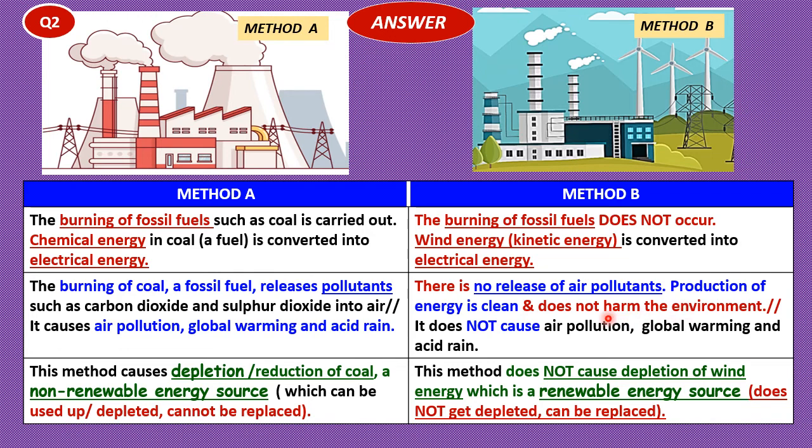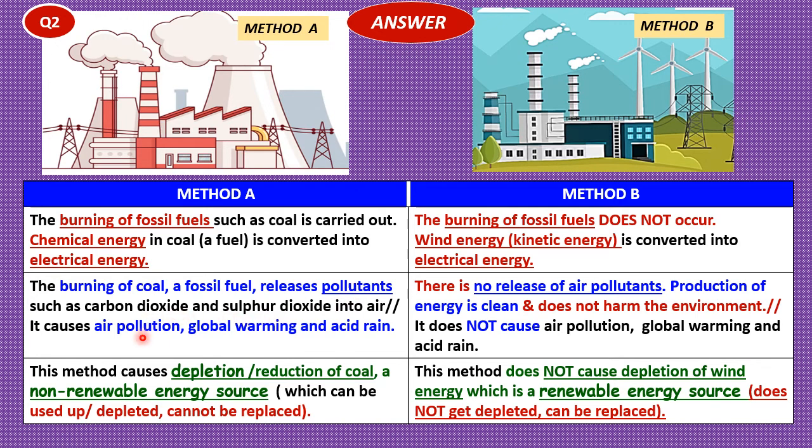Okay. Then another point that you can say, to replace either one, can be used, the first or the second point. So the second point that can be given is that method A causes air pollution, global warming, and acid rain as a consequence of the release of the air pollutants, right?